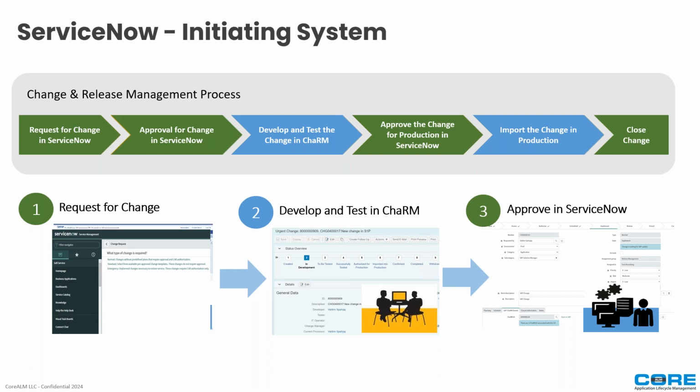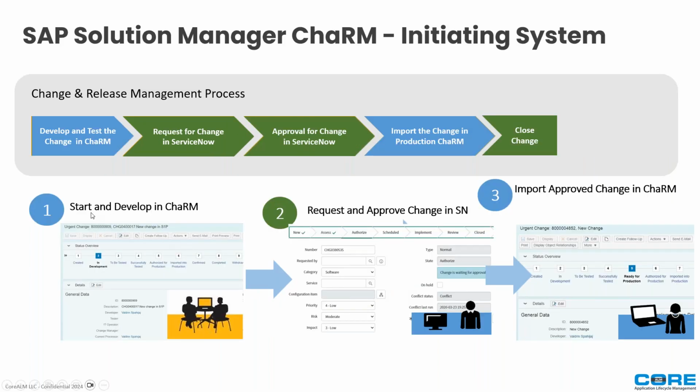They are developed, tested, and sometimes this development and testing takes months. And customers do not want to see those change requests in ServiceNow unless they are ready to be deployed. Some reasons might be SLAs, because you don't want tickets just hanging out for months at a time. However, we have that capability, where we can begin a change in charm, and once a specific status is reached, only then we trigger the ServiceNow incident, or the change document.